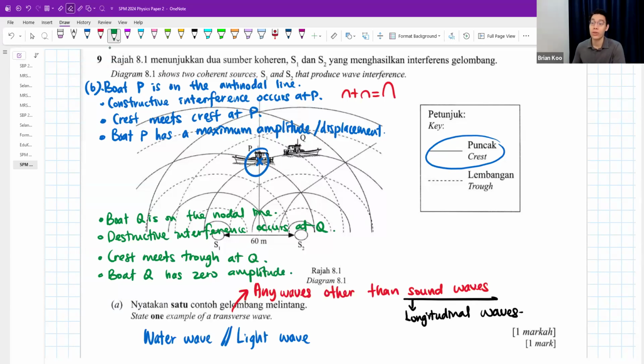Okay, the waves at both Q has zero amplitude. So we are saying that a crest and a trough overlap each other, and as a result gives you a destroyed wave, a destructive wave.